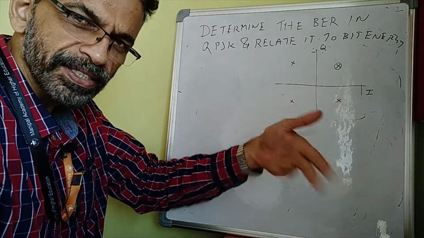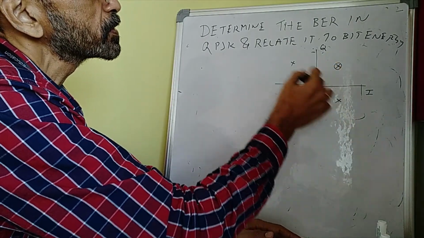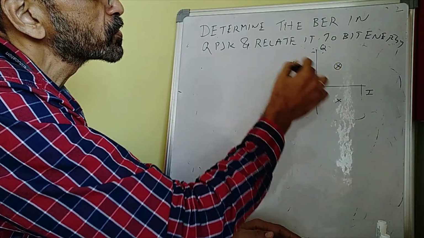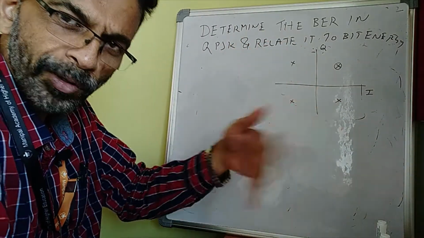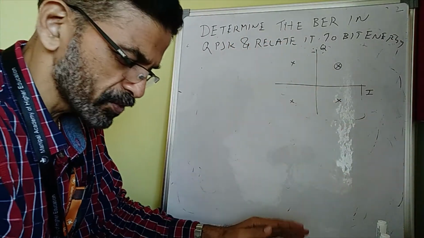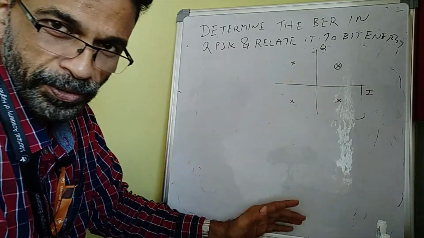And this type of errors, where a signal is detected as one which is diametrically opposite to it, we'll call the diametrically opposite type of error, just for our convenience. So this is the picture. And these type of errors will dominate.